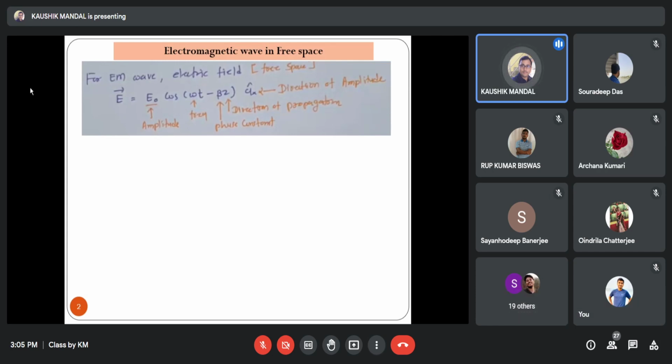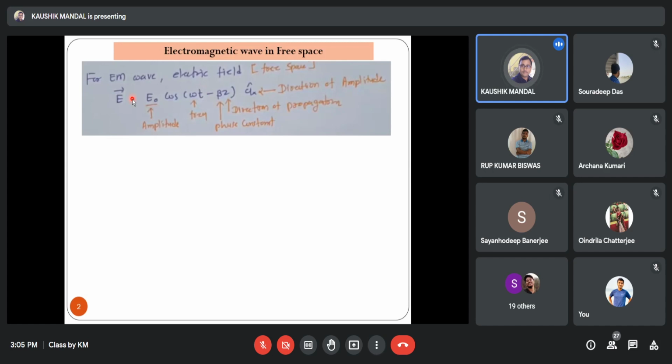Now if we consider the electric field of the electromagnetic wave, we can write the equation of the electric field propagating in free space by this particular equation. In the latter half of today's class, we will see how we can derive these equations.